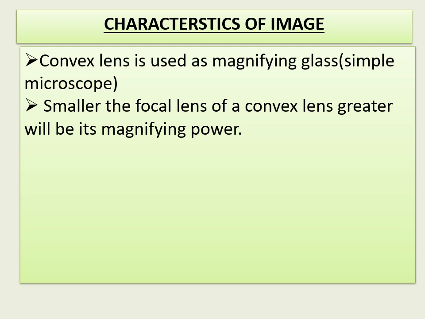Suppose I'm giving one example. You are given two convex lenses, one is 5 centimeter, the other one is 50 centimeter. Which one will we use, children, to get more magnifying power? Generally, you will tell the answer, it is 5 centimeter, and now only I told that smaller the focal length of a convex lens, greater will be the magnifying power.